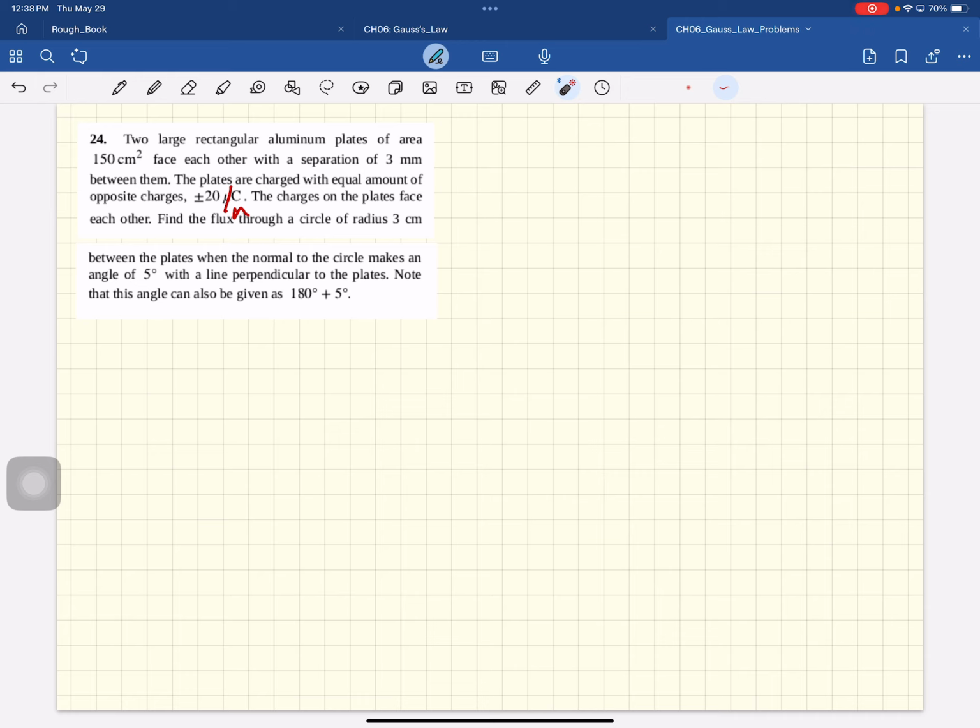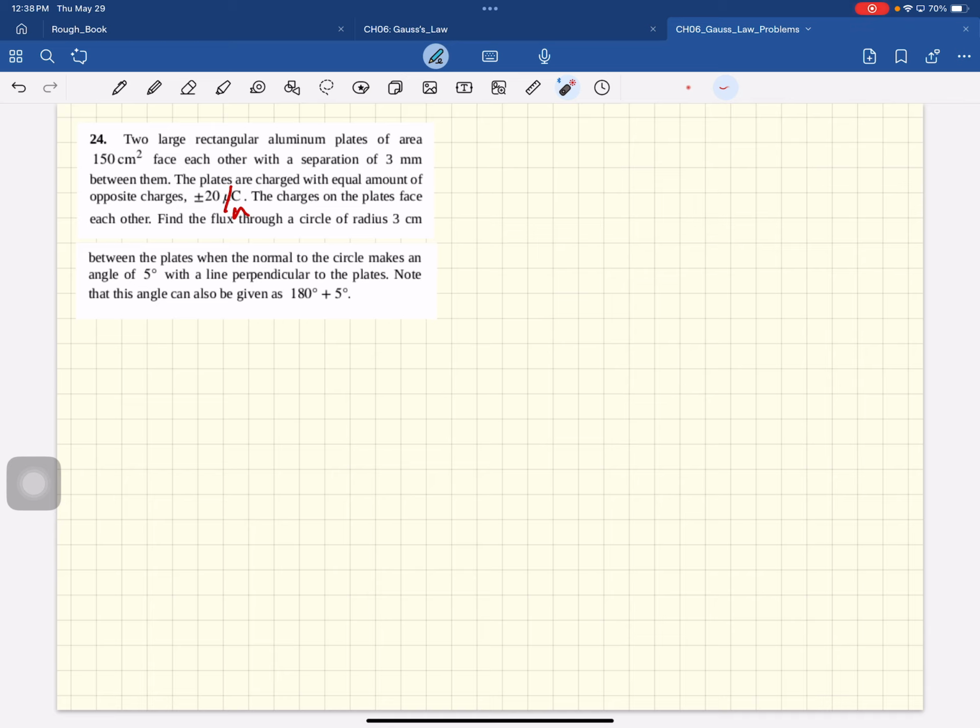So here are these sheets, there's 3 millimeters. If you're in between, how do these sheets look like to you? Infinite, right? So the field would be that produced by an infinite charge sheet.